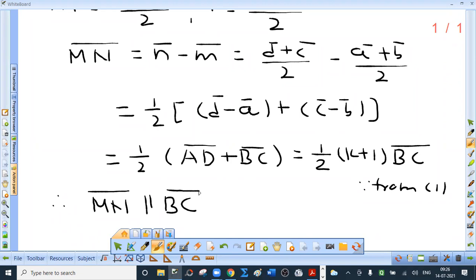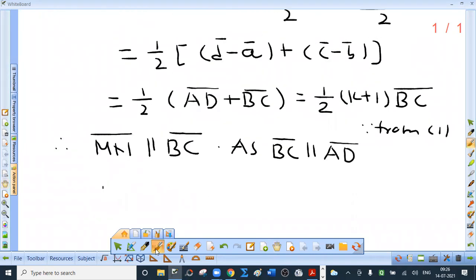But BC bar is parallel to AD bar, as it's a trapezium. MN bar is parallel to AD bar also.